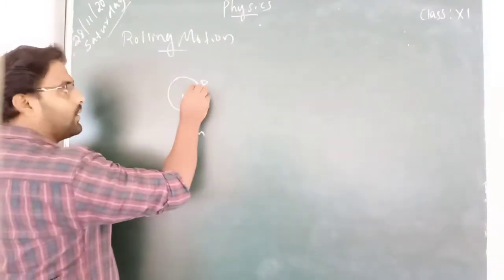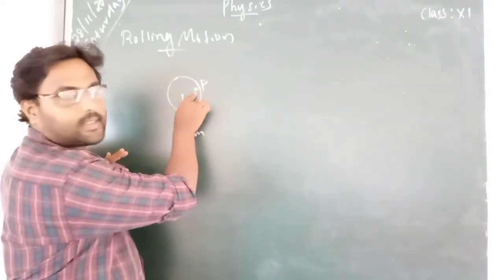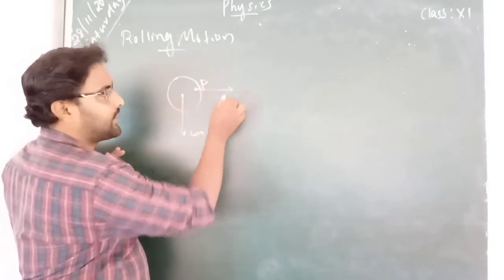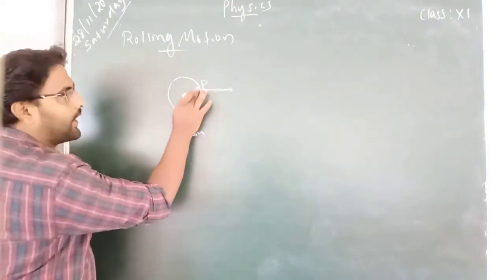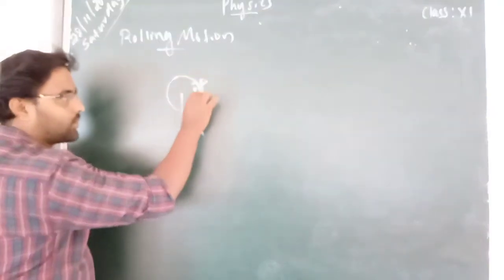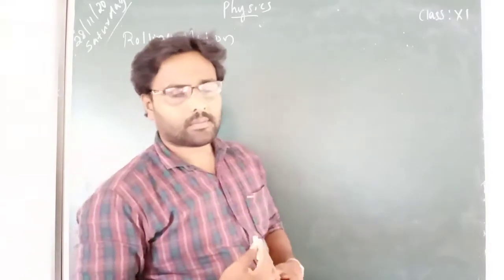Listen here. We are choosing a point P on this disk. What happens is this P has translational motion along with the center of mass, and its rotational motion is with respect to this center of mass.